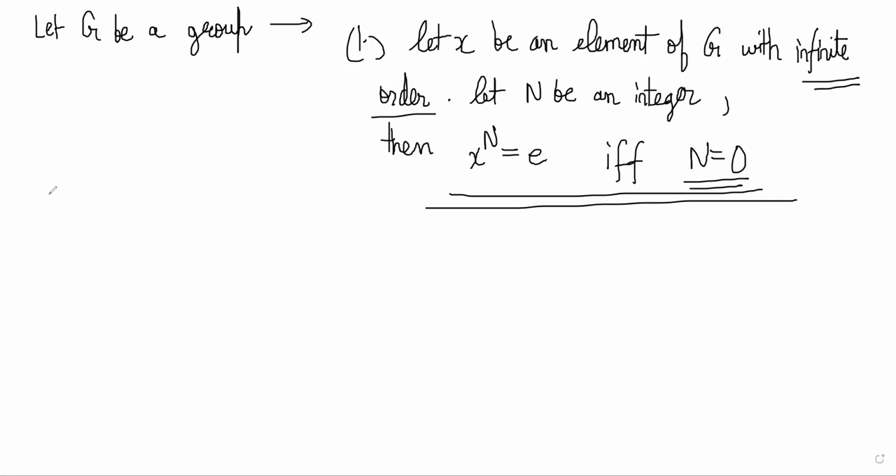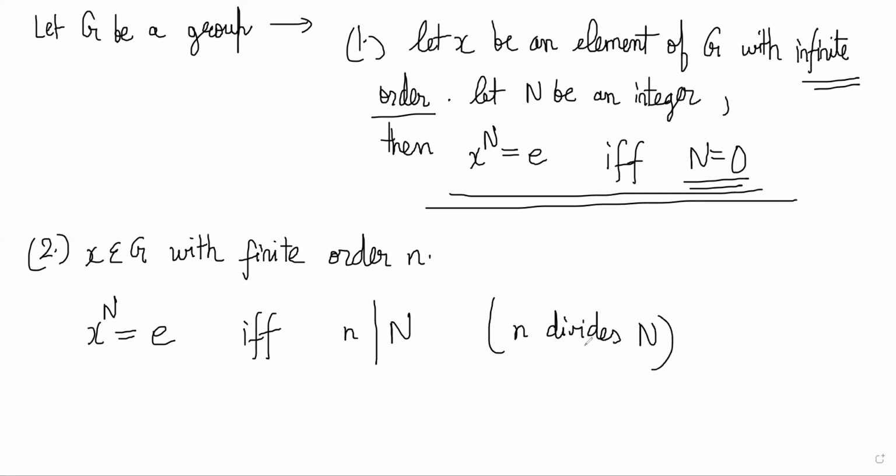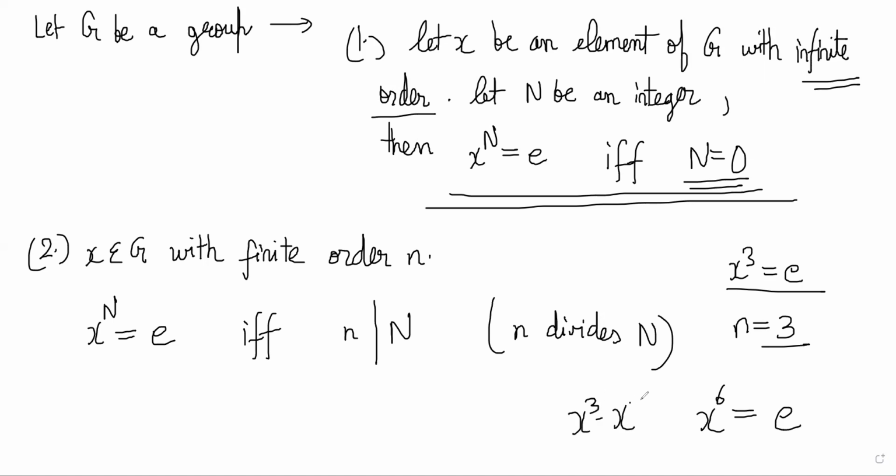The second related property here is if x belongs to G with finite order n, then x power capital N is equal to e if and only if small n divides capital N. So if x cube was equal to e and the order of x was 3, then obviously x power 6 will be equal to e also, because x power 6 is x cube into x cube and that is e into e, right?